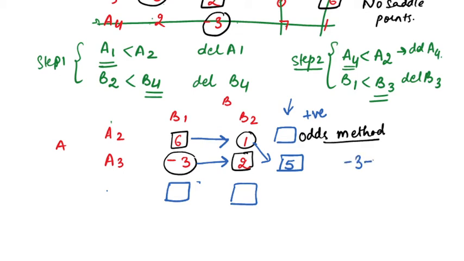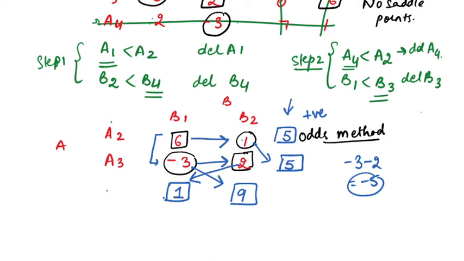So it's minus 3 minus 2, that is minus 5, but what we will be writing here is only 5, ignoring the signs. Here with this box, 6 minus of minus 3, it's 9, so you have to put it here. 1 minus 2 is minus 1, but again ignoring sign, we have 1 over here.